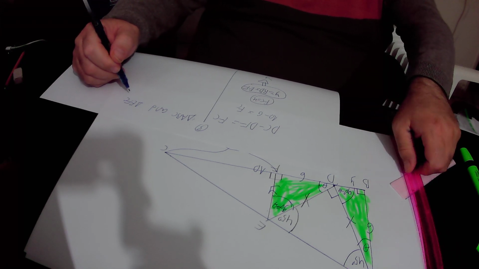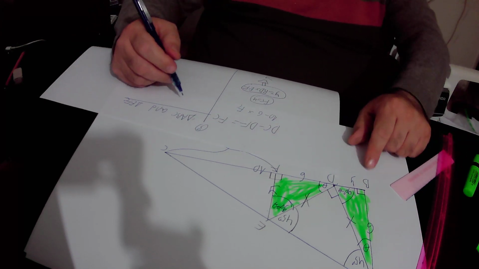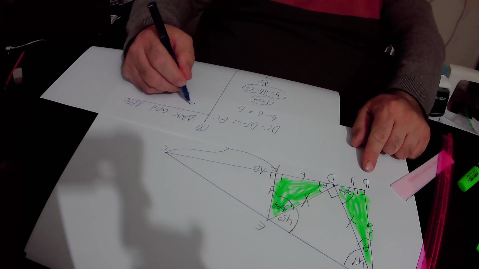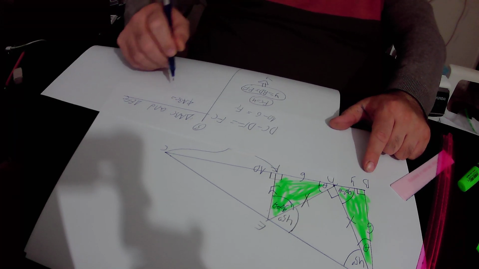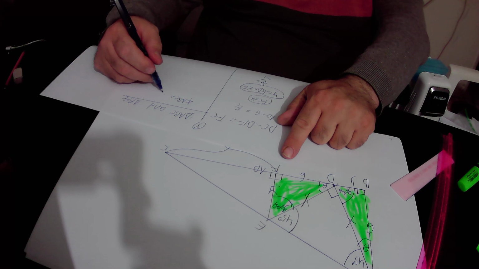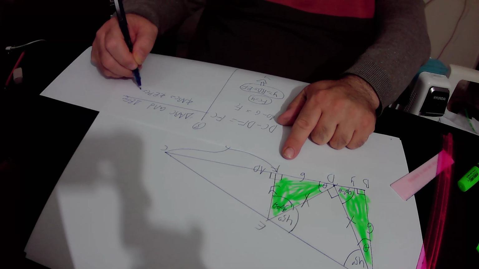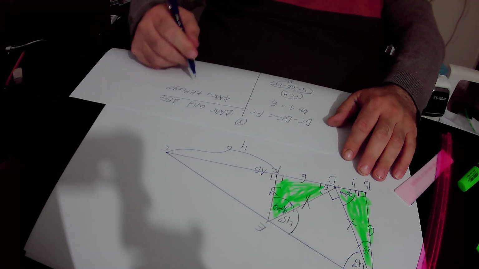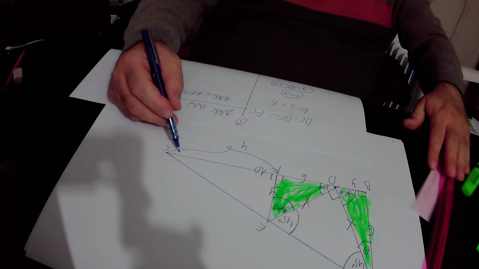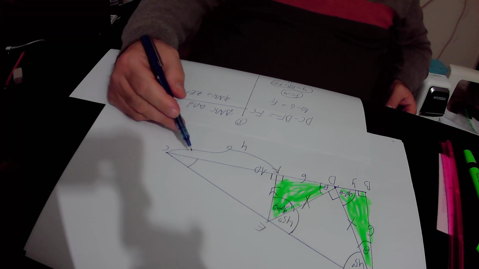We'll focus on those two right triangles. First of all, angle ABC in triangle ABC equals angle EFC in triangle EFC, and both angles are right angles, they are equal to 90 degrees. Second, they have a common angle.